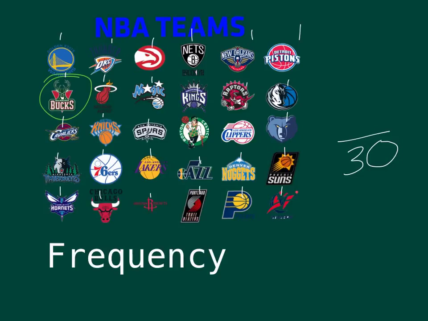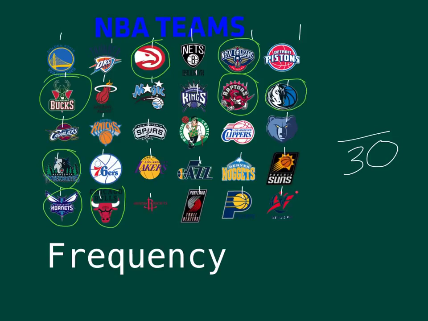frequency. So we already said the Milwaukee Bucks do, the Minnesota Timberwolves do, the Charlotte Hornets do, the Chicago Bulls do, the Atlanta Hawks do. None in that row. The New Orleans Pelicans do, the Toronto Raptors do, the Dallas Mavericks do, the Memphis Grizzlies do, and that's it.